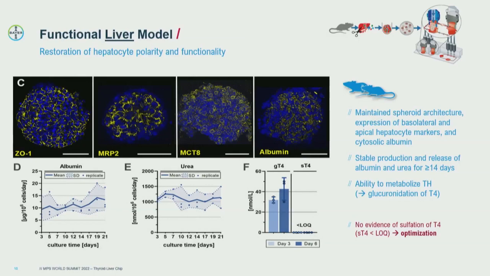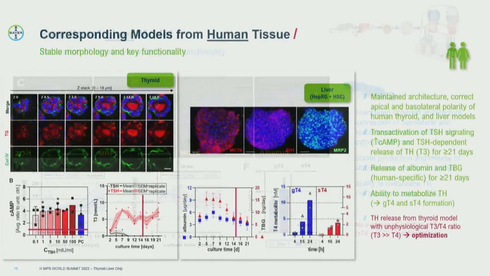And also, quite importantly, of course, for our project, those spheroids were able, as a baseline, to conjugate supplemented T4 to the glucuronidated form, T4-G, but we were unable to observe sulfation, which is the minor route of catabolism in the rat. So the major route was clearly present.